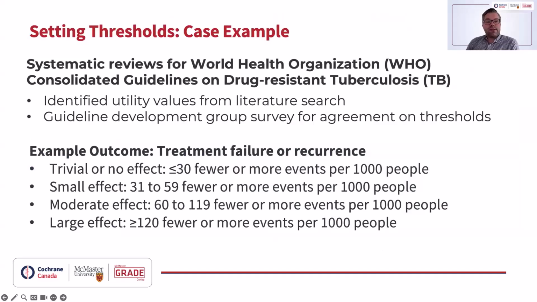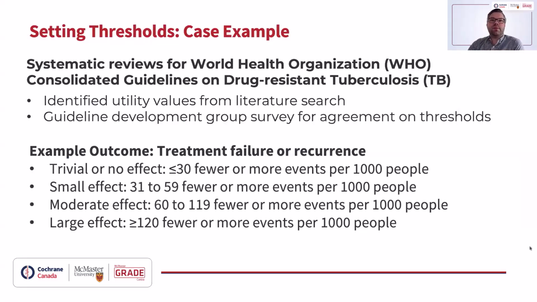A case example of what this looks like practically in a systematic review. One example is a guideline I worked on with the World Health Organization for the consolidated guidelines on drug-resistant tuberculosis, where we identified utility values from a literature search for priority outcomes for our systematic reviews and later for the guideline. And we also conducted a survey of the guideline development group to agree on the thresholds.